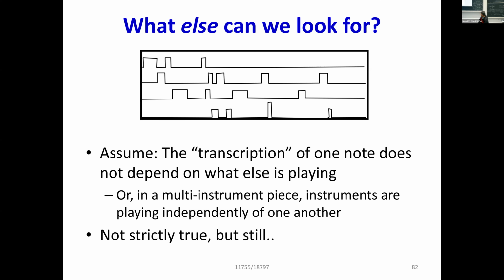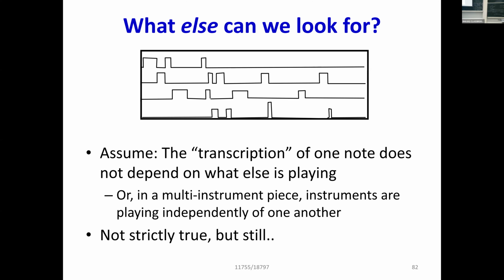So here's another one. I can assume that the score for one note is not merely uncorrelated with the scores for the other note. I can assume that the score for one note is completely statistically independent of the score for the other note. Which is like saying that I've got one person playing my first note any which way, and I have another person playing another note any which way, and these two guys don't hear one another, they aren't talking to one another, but somehow the music was formed.